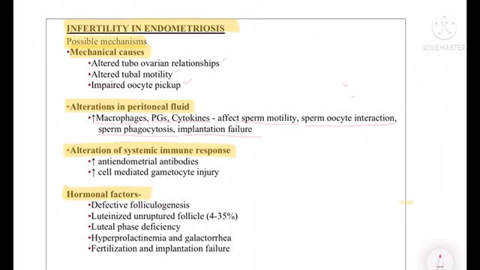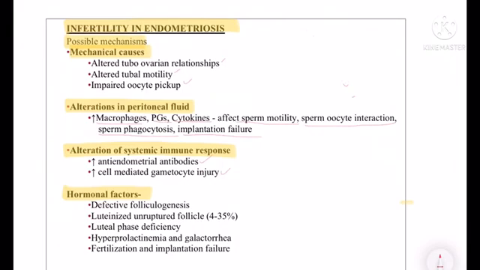Okay, so increased anti-endometrial antibodies, this is the immune response. Increased cell-mediated gametocide injury. Now the cytotoxic T cells start to destroy the endometrial lining and also the gametocytes.